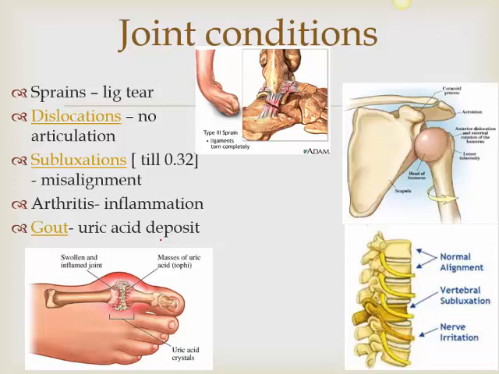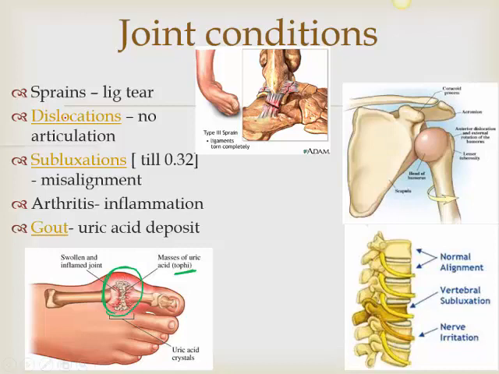These little bits of uric acid form crystals known as tophi, and that condition is known as gout. It usually involves the big toe, the metatarsophalangeal joint of the big toe. So that area becomes extremely swollen and big.